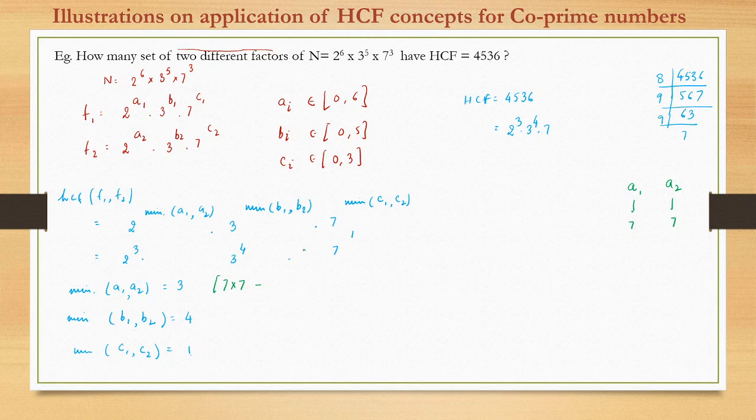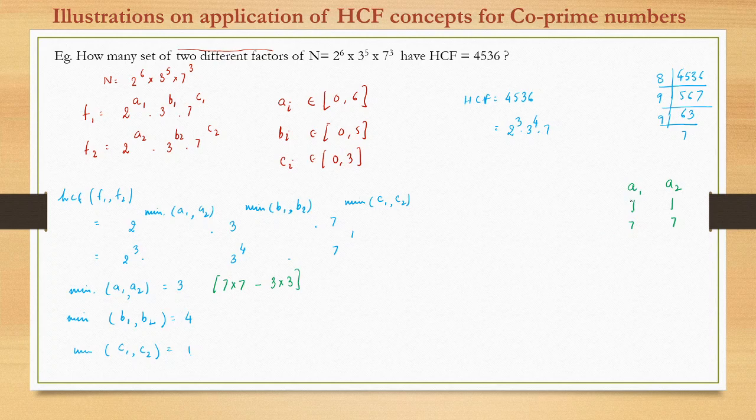So it will be nothing but, if minimum has to be 3, we'll subtract those cases where a1 a2 are taking a value which is 0, 1, 2. So minus 3 into 3, right?